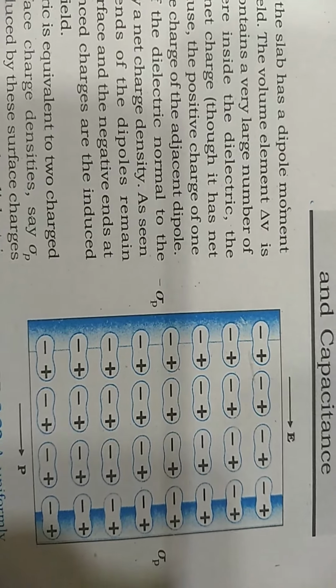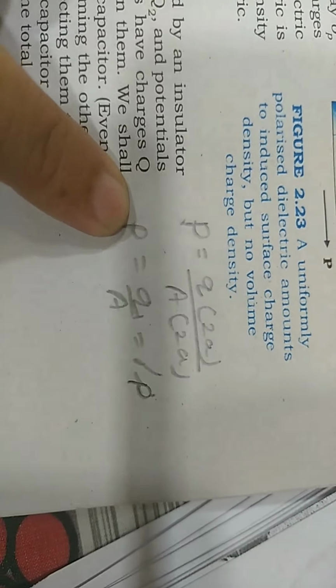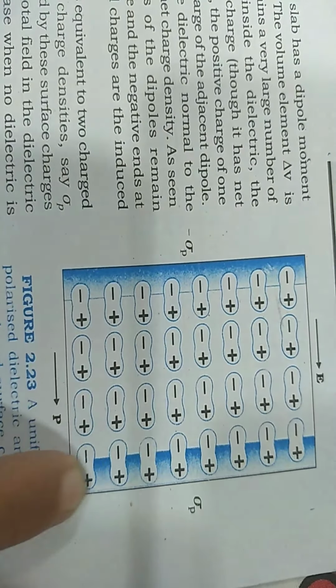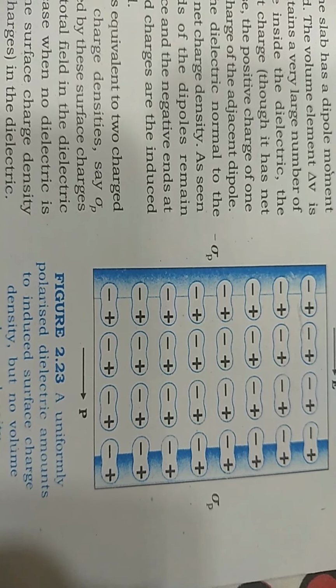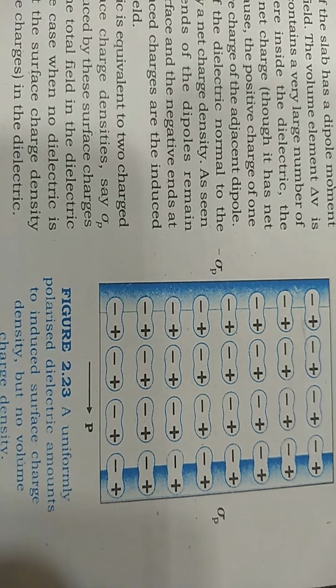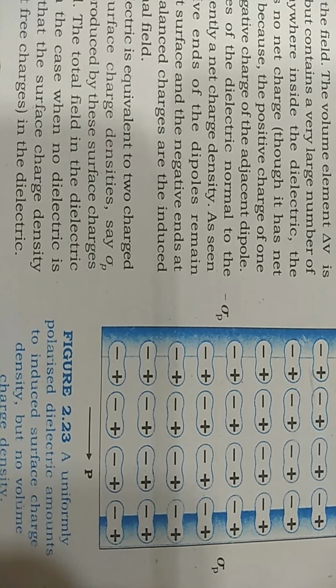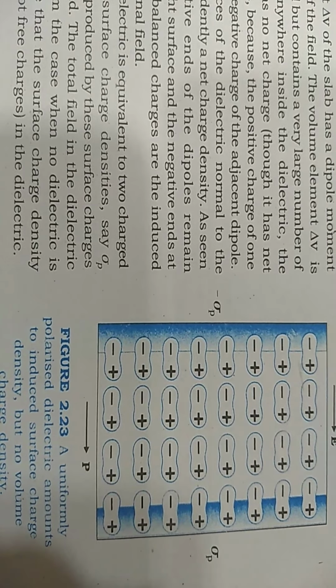So I hope you have understood that polarization P is nothing but sigma P, the induction of these charges on the surface. These charges are induced on this surface, and this is known as polarization. So I hope polarization is clear. Again I repeat, it is electric dipole moment per unit volume.